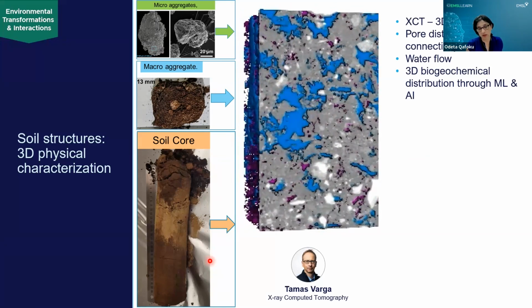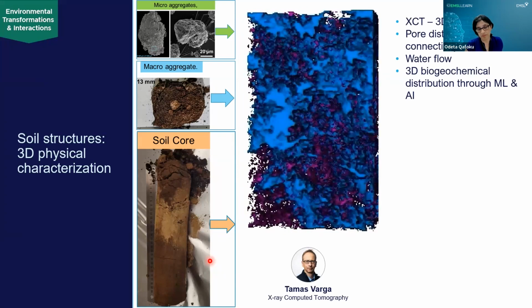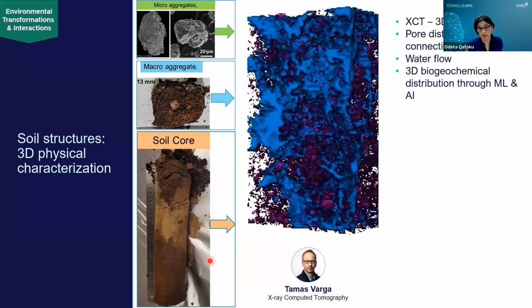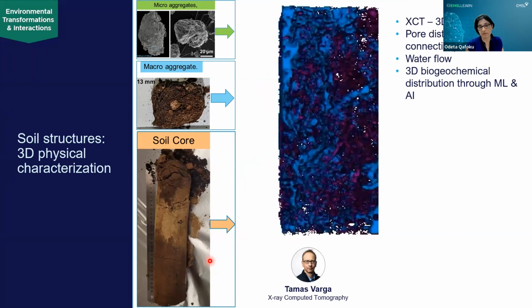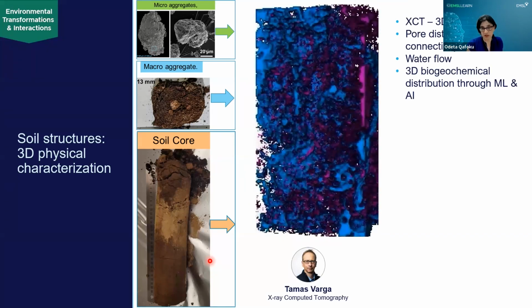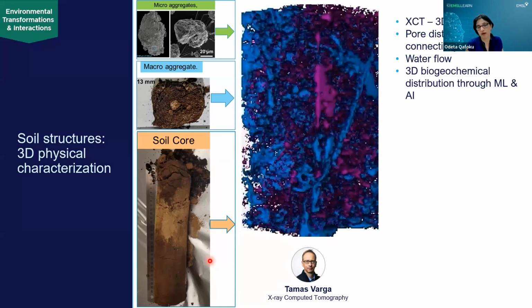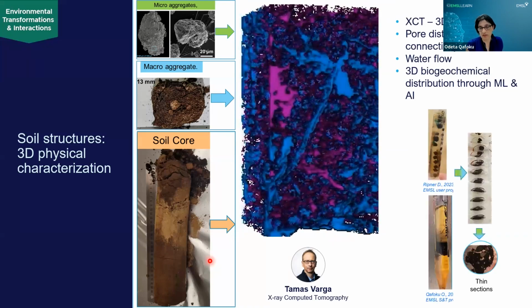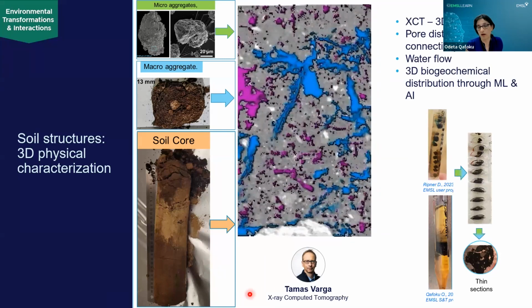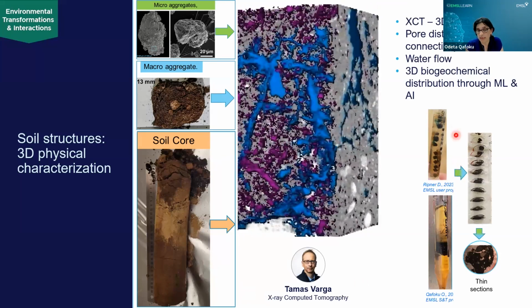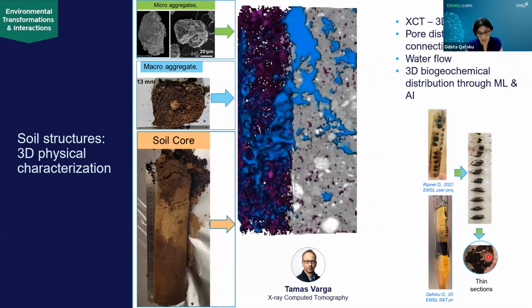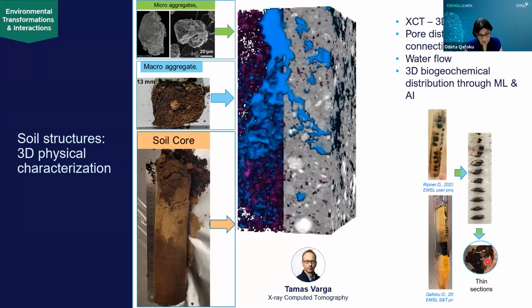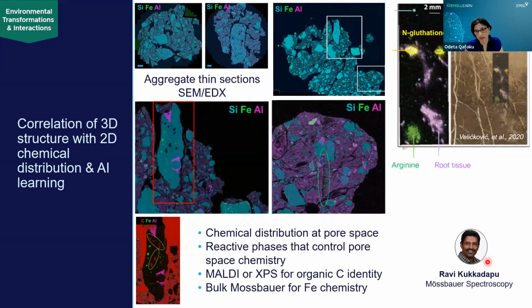I mentioned earlier that XCT is a non-destructive technique, but to get a biogeochemical characterization of the core, we have to do some physical manipulation of the aggregates in this case, and form thin sections, and then take these thin sections for characterization with electron microscopy and energy dispersive spectroscopy.